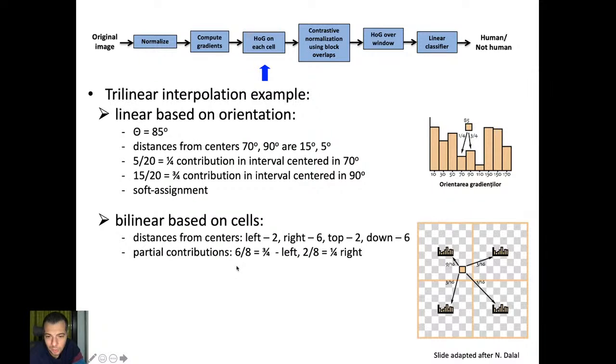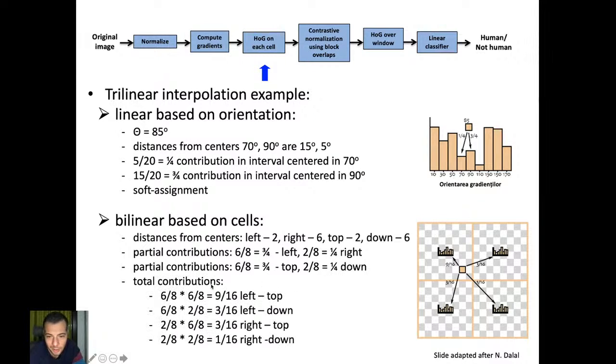And the contributions are, to the left 6 divided by 8, so the opposite distance divided by the distance between centers, and 2 divided by 8 for the right; for top and down the same. Then when we combine these, we multiply the weights and we obtain, for example, the contribution with respect to the top cell is 9 divided by 16, and so on for the rest.